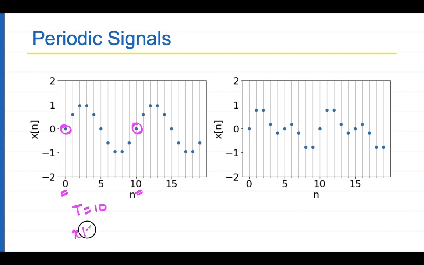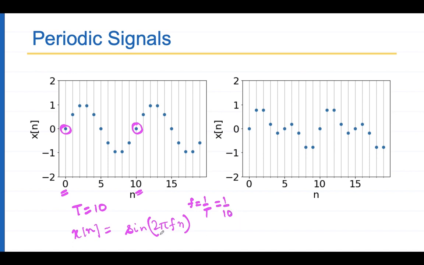This signal should be something like x[n] equal to sine 2 pi f n. Now what is this f? This f is equal to 1 upon time period, which means equal to 1 upon 10.